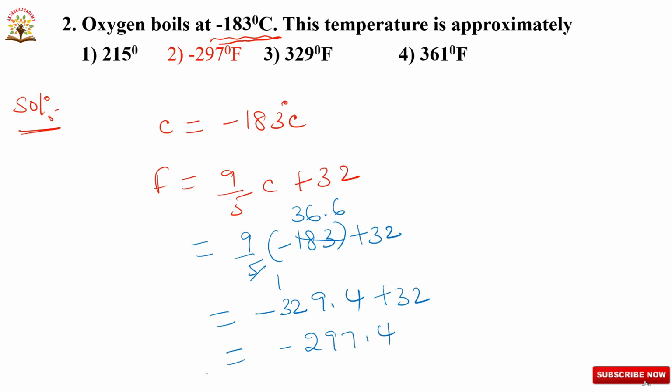So minus 183 degree centigrade is equals to minus 297.4. Now we are writing the approximate value, minus 297 degree Fahrenheit. This is the final answer. So minus 183 degree centigrade corresponding value in terms of Fahrenheit is minus 297 degree Fahrenheit.